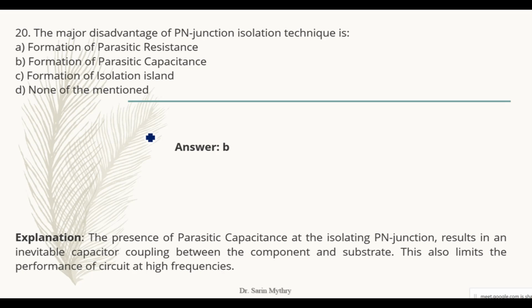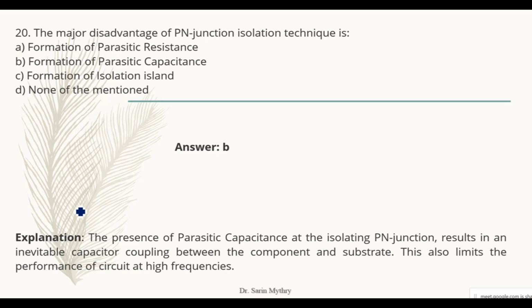Whenever two conducting terminals come in contact, we call them a capacitor. The major disadvantage is that parasitic capacitors are formed. A parasitic capacitor is an unwanted capacitance, formed whenever two conducting layers come in contact.